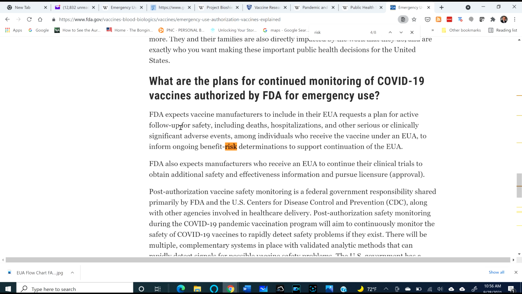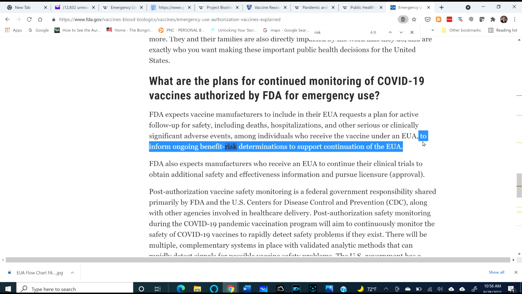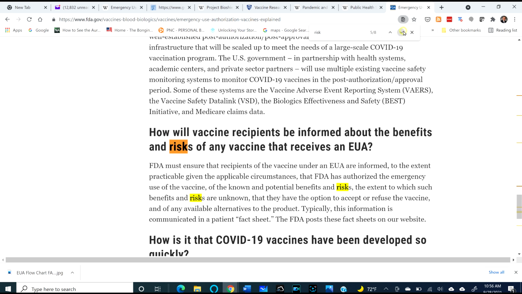They want the manufacturers to have an active follow-up for side effects of the drug. Inform the ongoing benefit-risk determinations to support continuation of the EUA. So if something happens to where the benefit-risk calculation changes, maybe they find serious side effects, they will revoke the EUA.